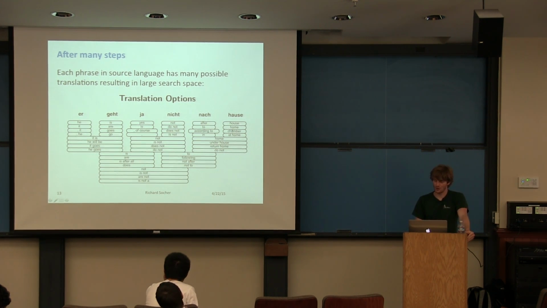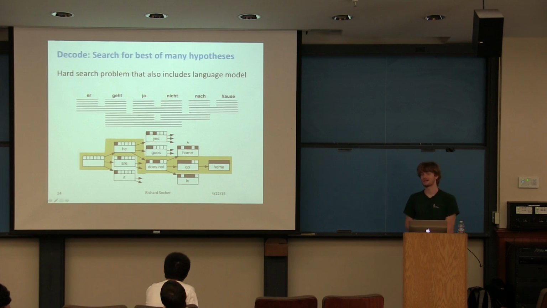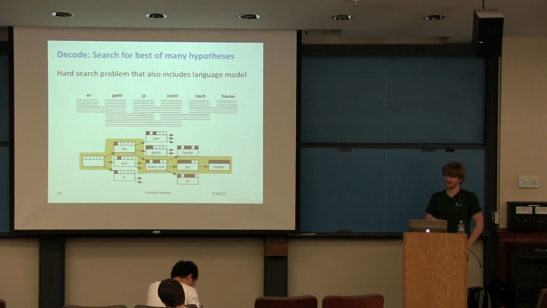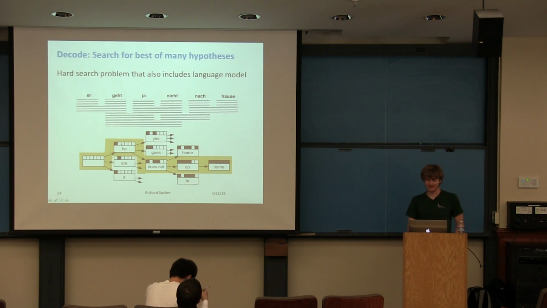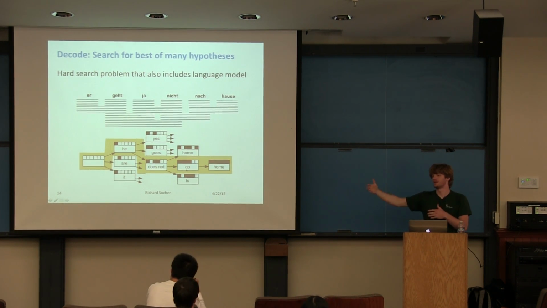"Hause" could be house or home, or even chamber, or just "at home," and then there are multiple combinations. And so what you have to do in the end is solve a gigantic search problem, and use things like A-star search and other things you may have learned about in an introduction to AI, I think CS221, where you basically have a very long beam search, and you try to find, given that I decided that it was "he," what would be the most reasonable next phrase that we add after that. And this is also where your language model comes in, because your language model will help you score reasonable next words.